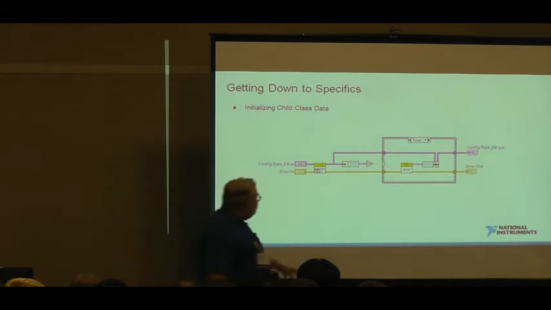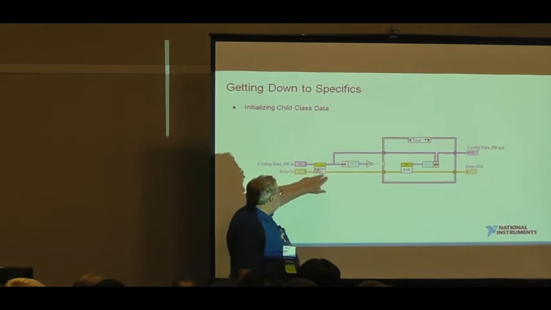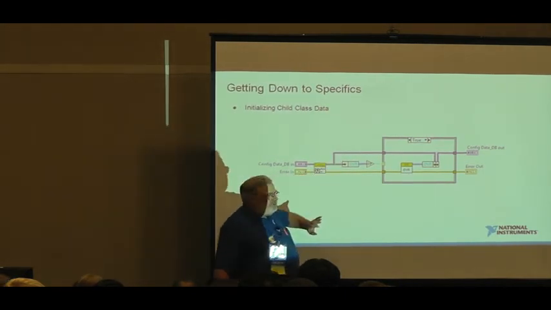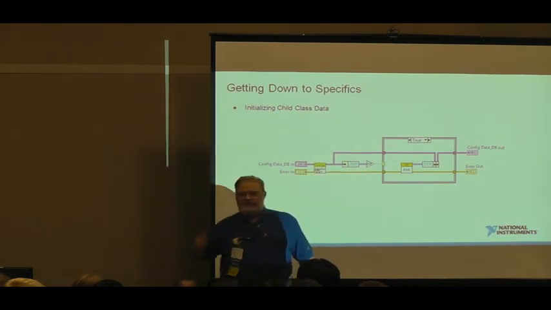Okay? And so what this funny representation here does is this is saying, when this child class runs, the first thing it's going to do is call and run the parent.